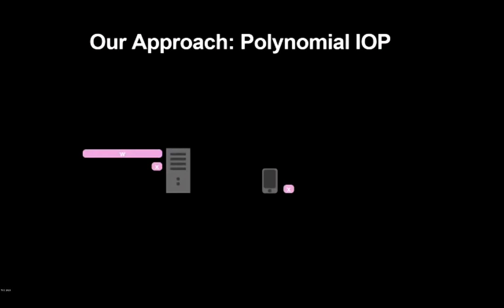Okay, so I'm going to take the last couple of minutes just to give you a flavor of the techniques that we use. At a high level, the approach that we're going to take is to construct a polynomial interactive oracle proof, or an IOP. Essentially an IOP works as follows. In this setting, in addition to the prover and the verifier, we also assume that there's some trusted party. We'll call this the polynomial oracle.